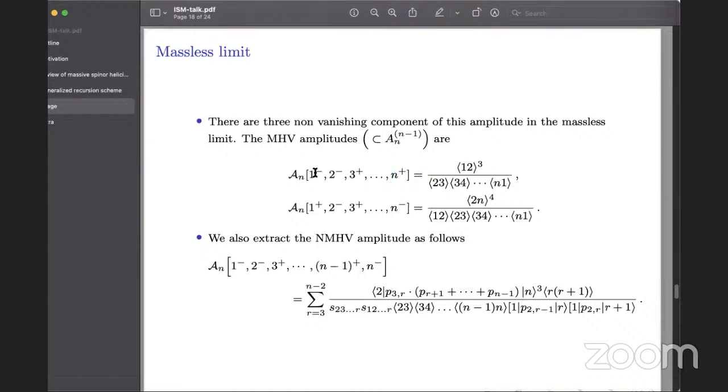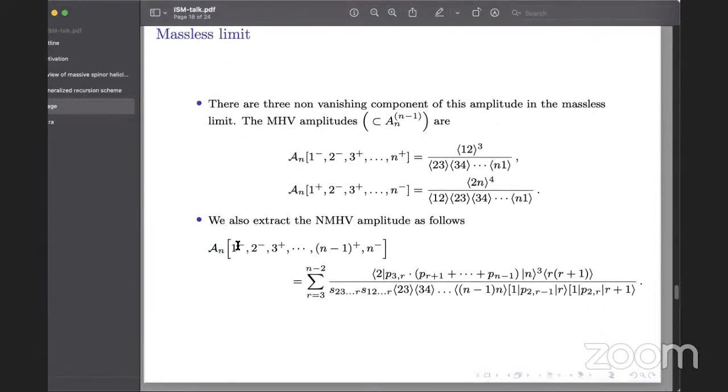So we take the minus plus combination first, and the plus minus combination. For both opposite helicity configurations in the massless limit, they reduce to MHV type amplitude. But if you take the negative helicity configuration for the massive particles in the massless limit, it will produce the NMHV amplitude.